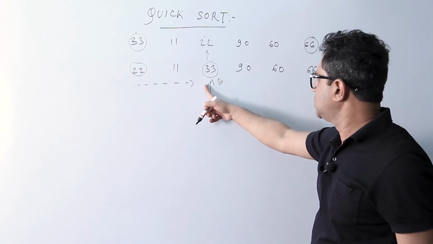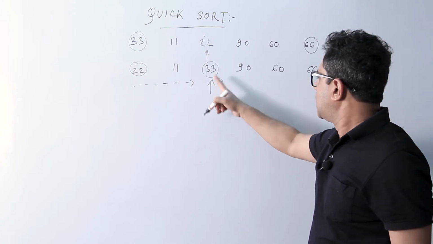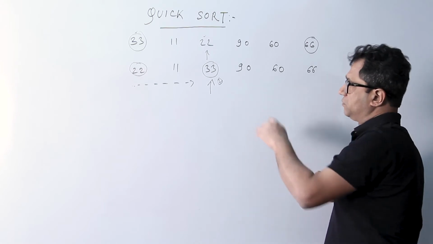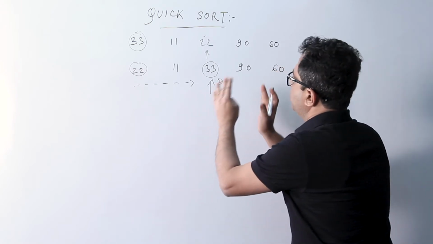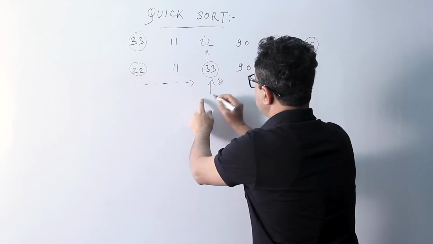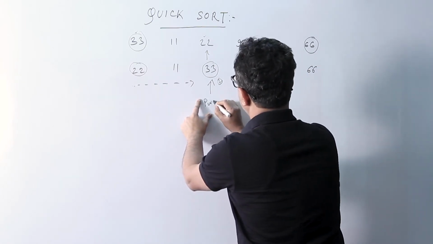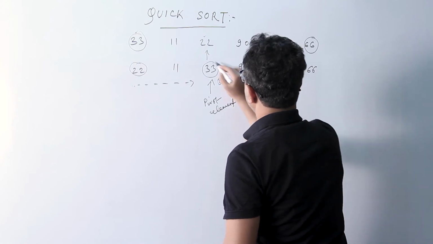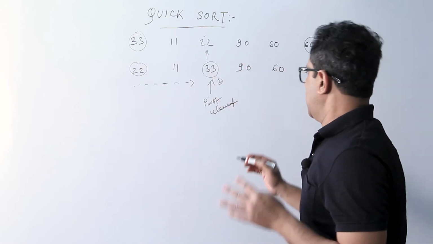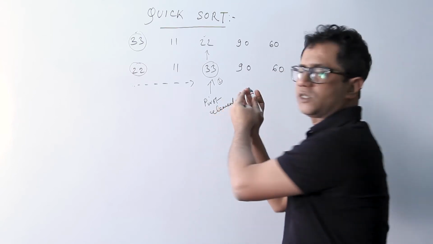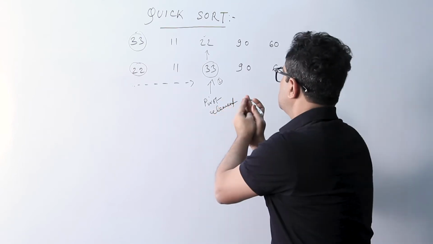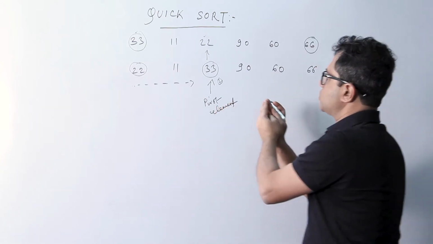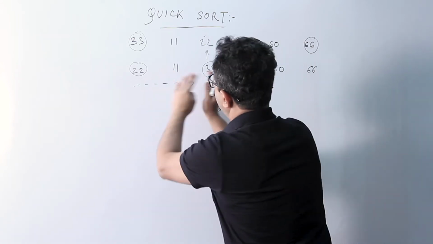So, we have got 33's position now at the end of 2 steps of the execution of the algorithm, and we can see that this element is called the pivot element, which has found its position now. This pivot element helps us to separate the 2 lists which have been created on either side of it.